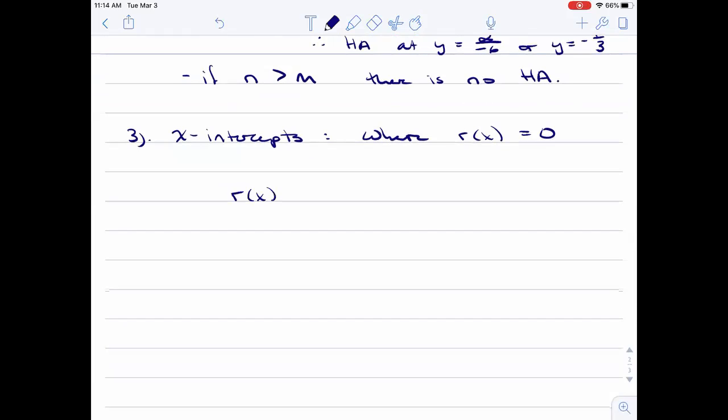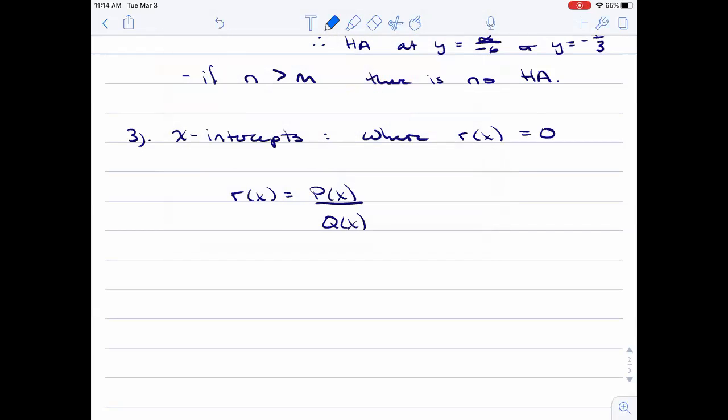If R of x is equal to P of x over Q of x, the only time that this thing equals 0 is if the numerator is 0, because the denominator can't do anything to make things 0. We can't divide by 0, and so the denominator has nothing to do with making it 0.